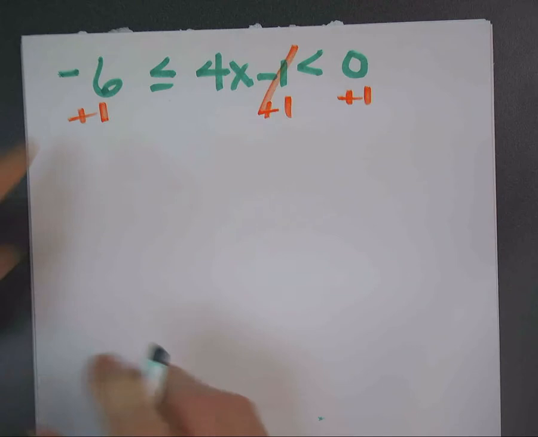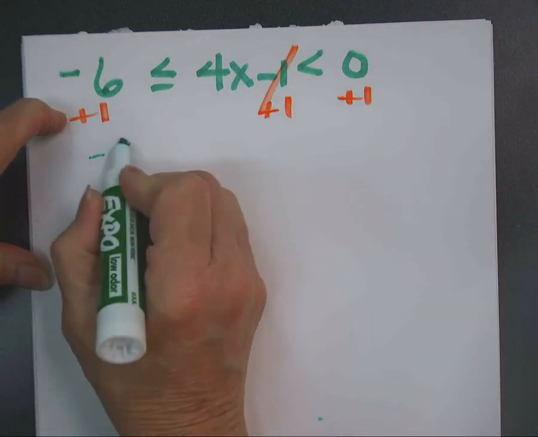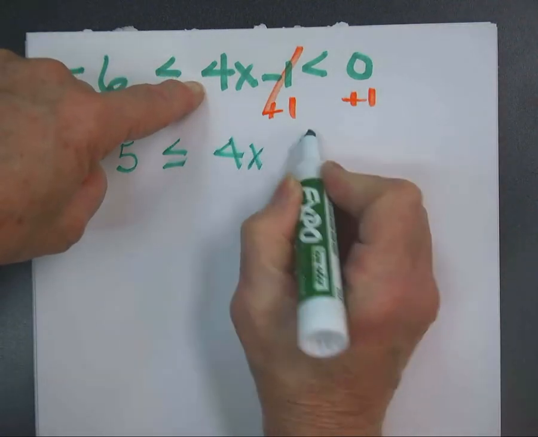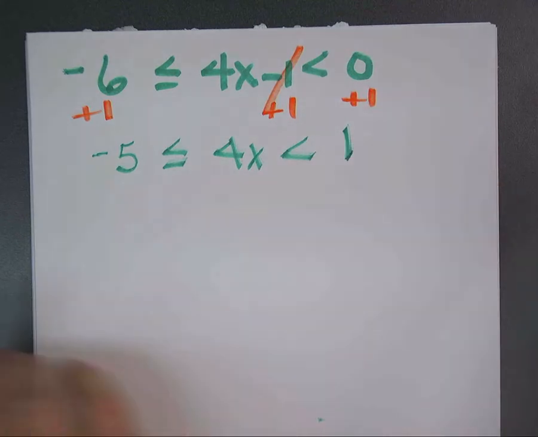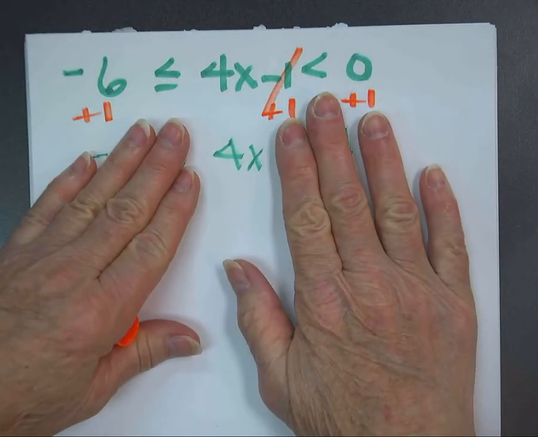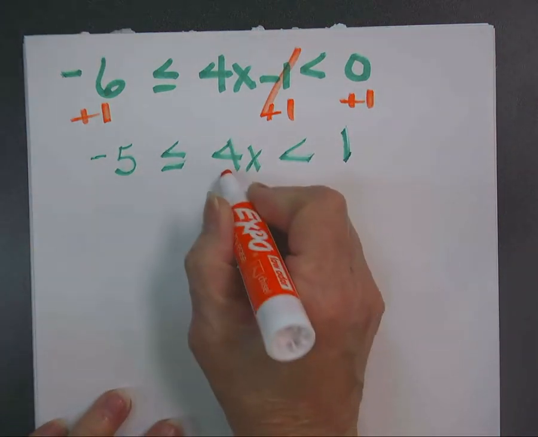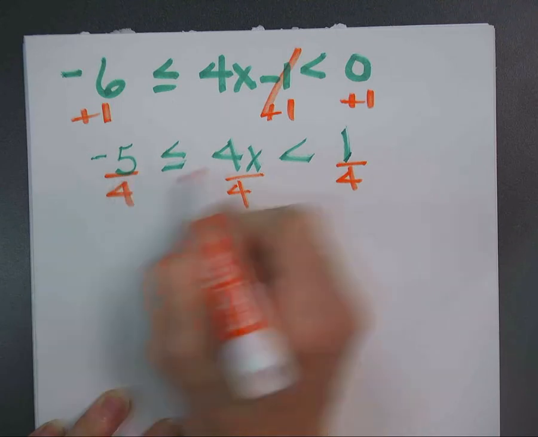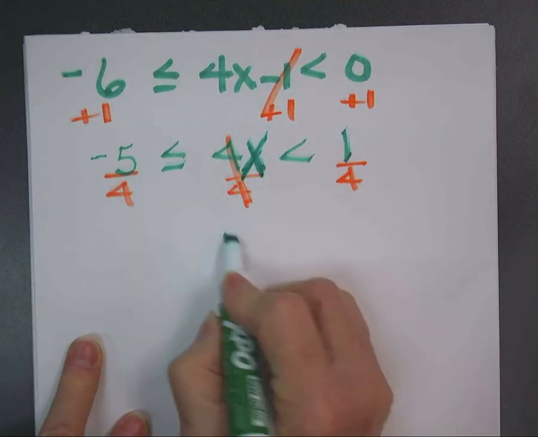So we have -6 plus 1, -5. Then we have 4x, 0 plus 1 is 1. And then what do you do to solve for x? Divide by 4. Now we have the x by itself right here.